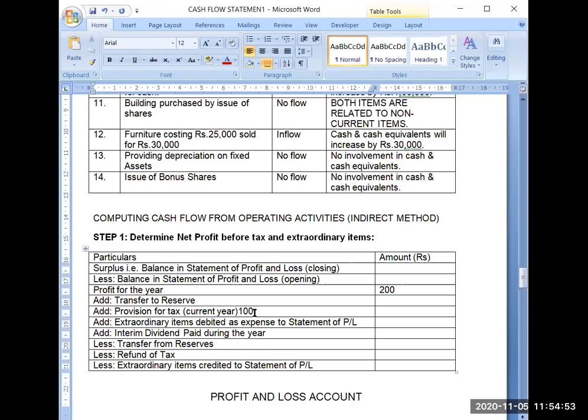Because I have paid the government rupees 100, and after assessing the tax liability the government finds that the tax liability is only rupees 90. So I will be getting rupees 10 back. That is called refund of income tax. When I get that rupees 10 back from the government of India, that is called refund of tax. That is also a sort of income, so that will also be reduced because it is out of the provision created for the last year.